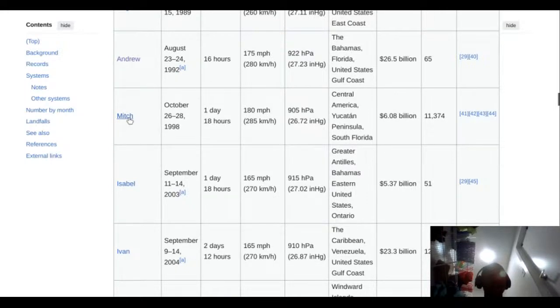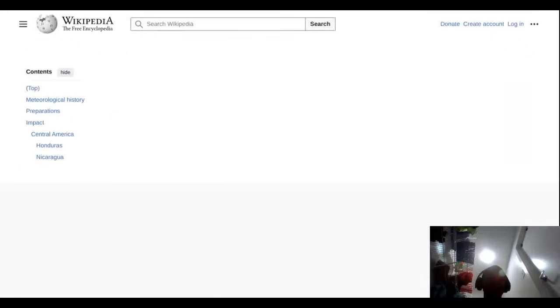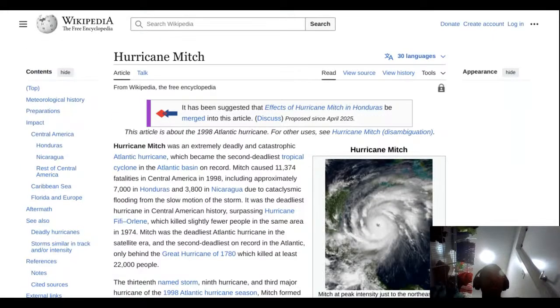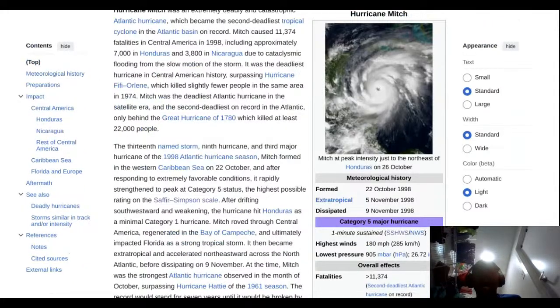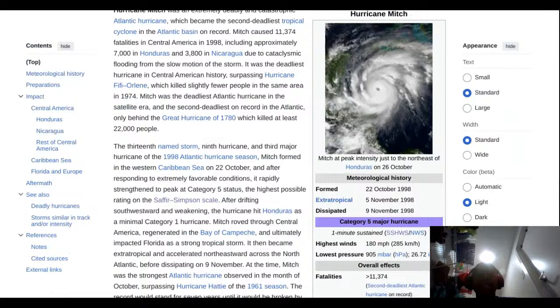Next is Hurricane Mitch. Hurricane Mitch was formed on October 22nd, 1998, and dissipated on November 9th, 1998, with 180 miles per hour.